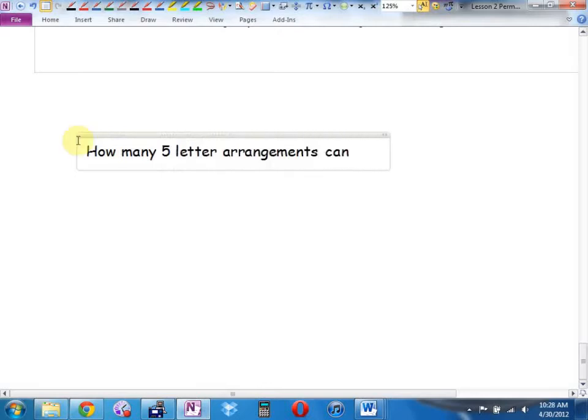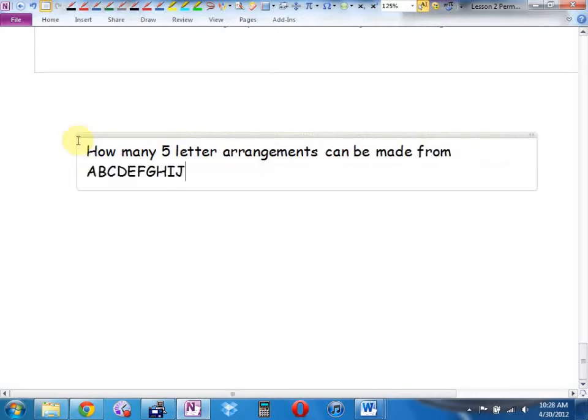So, how many 5-letter arrangements can be made from A, B, C, D, E, F, G, H, I, J? 10 letters. I would go like, don't write this down. You can if you want to, but just watch. How many 5-letter arrangements can be made from A through J?